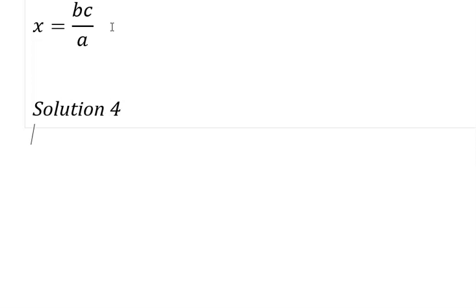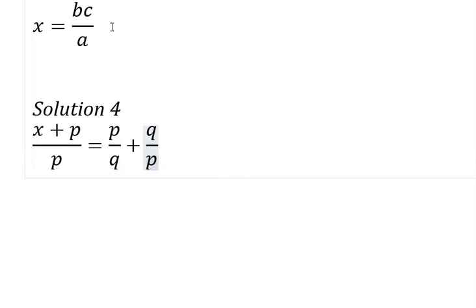Solution 4. Awesome. We have X plus P over P equals P over Q plus Q over P. We want to make this X the subject of the formula. Great.